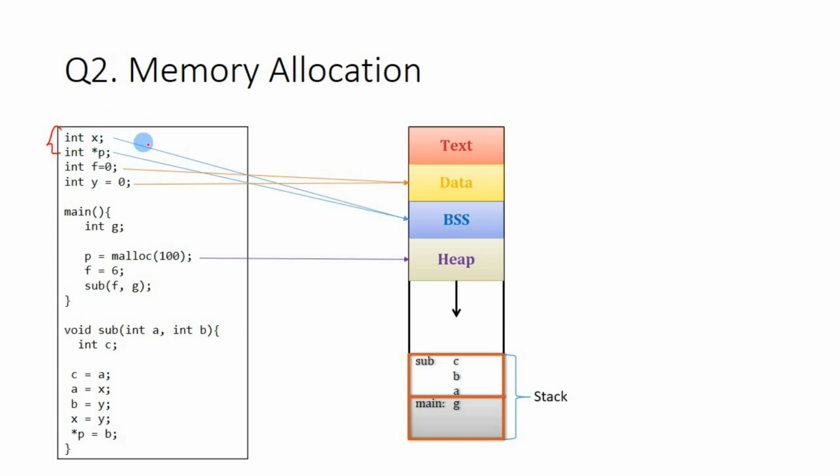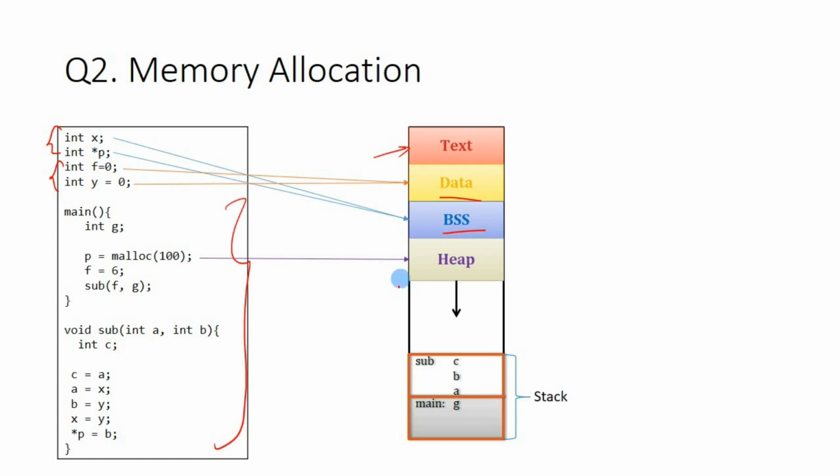Since they are not initialized, they go into the BSS segment. Integers f and y are also global, but they are initialized to some value. As long as they have been initialized, they will be allocated to the data segment. And of course, all the code that we have here will go inside the text segment.